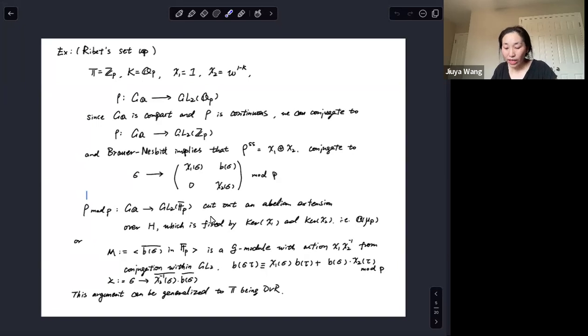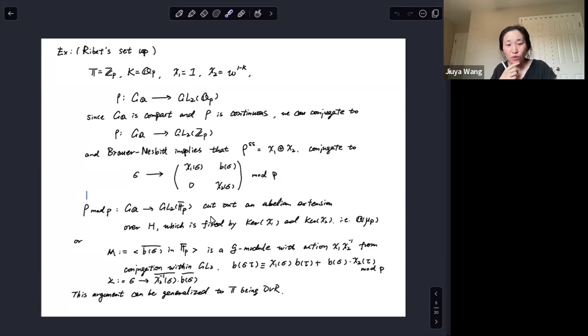Therefore, we can further conjugate so that the image of the Galois representation looks like chi1, chi2 on the diagonal and 0 in the lower left corner. Now you can look at this representation mod p, which is what we call the residual representation.